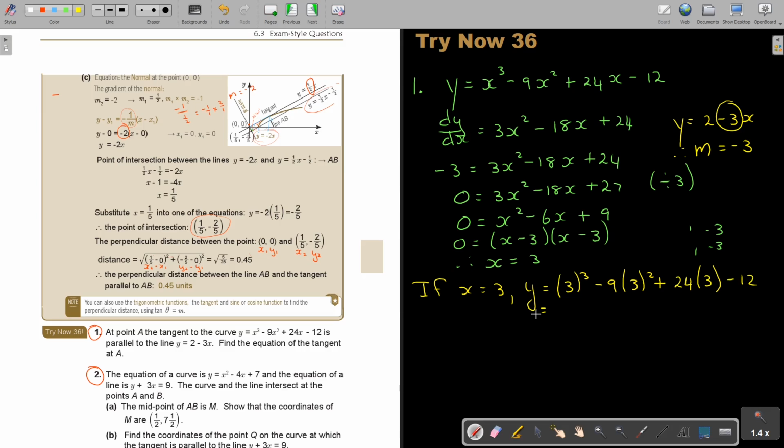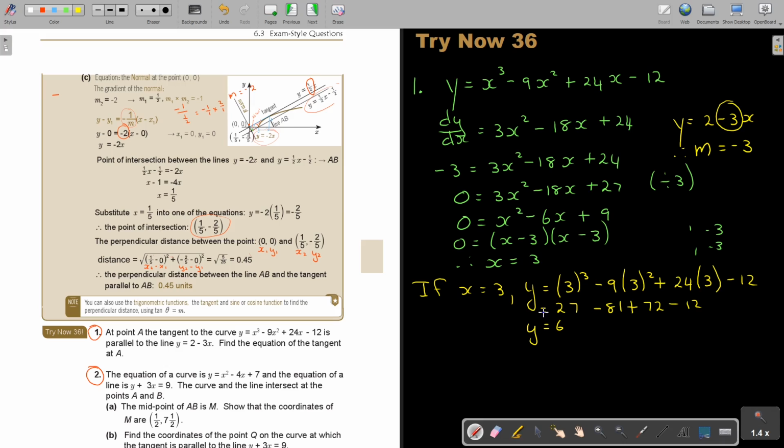If I press that on my calculator, that will be 27 minus 81 plus 72 minus 12, giving me an answer of 6.